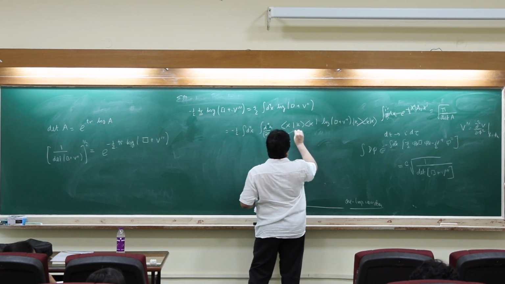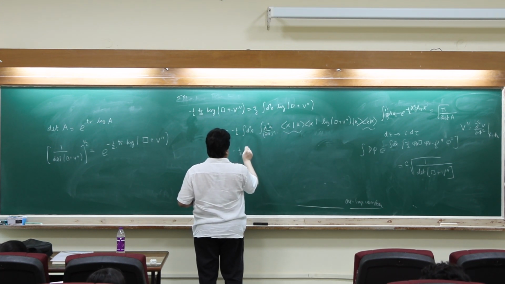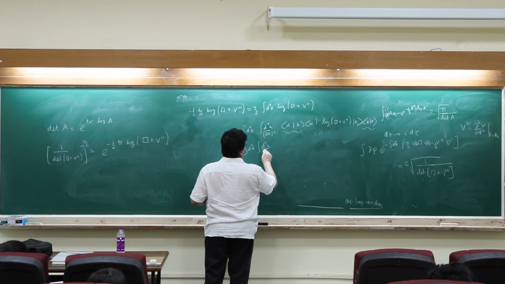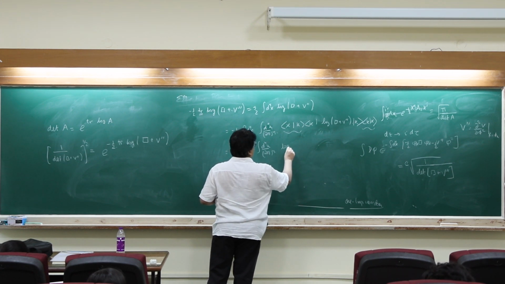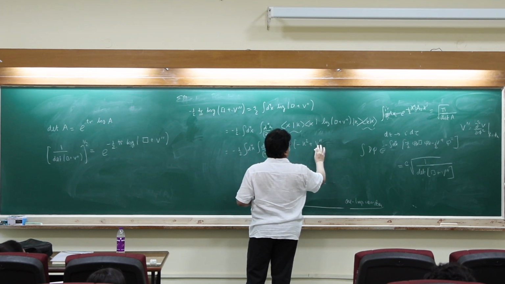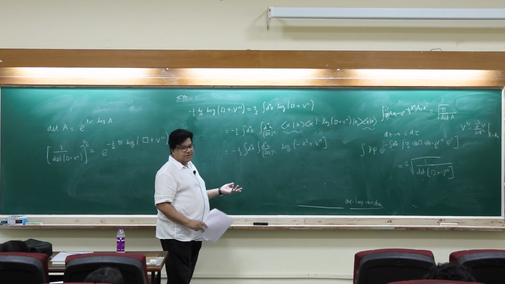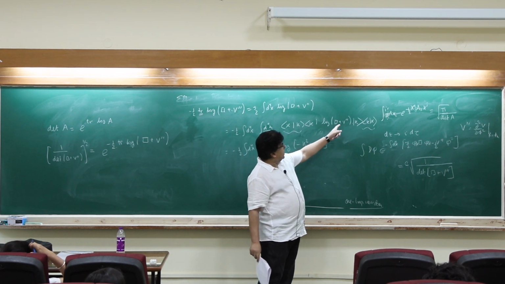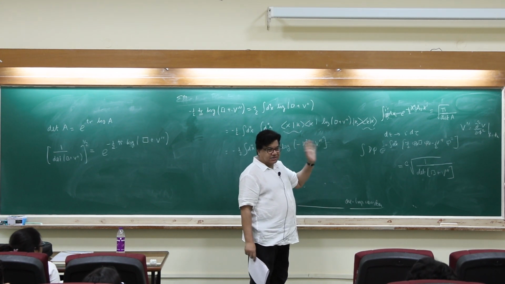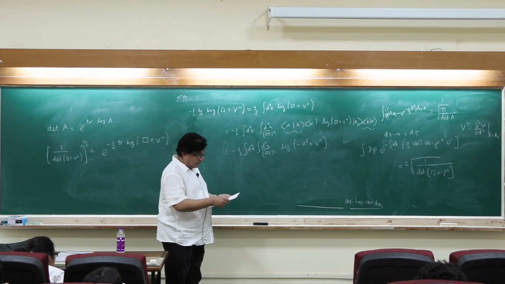So this and this cancel out, and what you are going to be left with is minus half d4x d4k log, because that box is minus k squared in the k space. Okay, and V double prime is a constant, it is just a function of phi b. Right? Okay. So now the thing is, how do you calculate this?